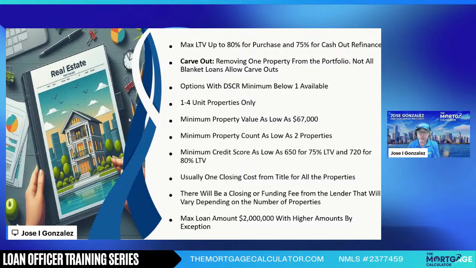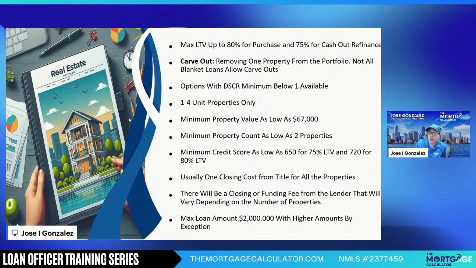So again, sometimes there's a preconceived notion that the reason why a borrower would pick a blanket loan over individual loans would be because they're going to save money on the transaction. And you do save money on some of the transaction fees, like you may save money on the closing fee from title. You also may save money on the underwriting fee because if it's only one loan, there may only be one underwriting fee as opposed to 10 individual loans with 10 individual underwriting fees.